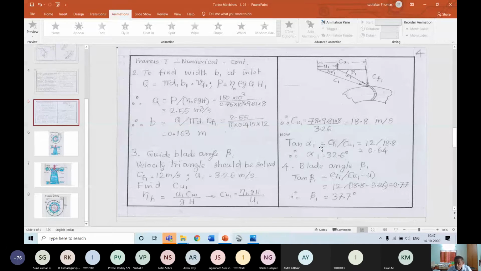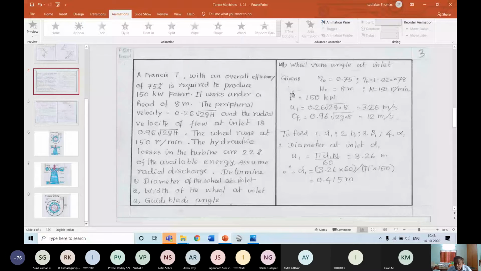So the total cu1 is 18.8, cf1 is about 12 meters per second. You can complete this triangle. Then in cu1 you can mark a distance equal to the value of u1, which is 3.26 meters per second.